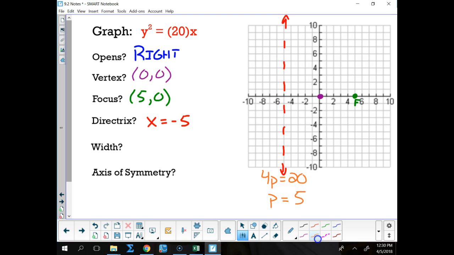Step 4 says, how wide is my parabola through the focus? It's 20 wide, right? So that means at the focus, I'm going to go up 10, and down 10.